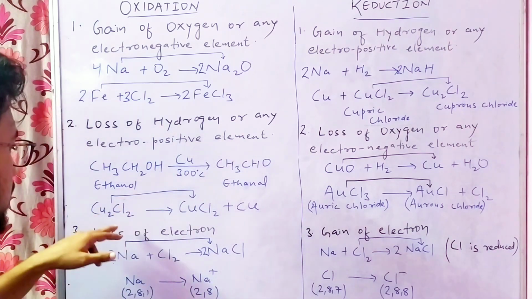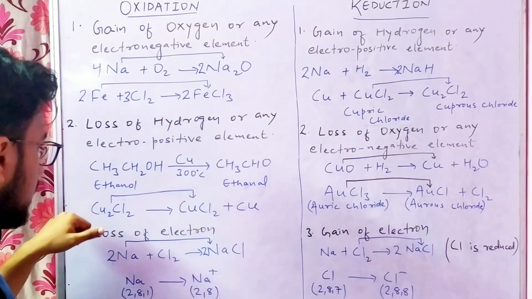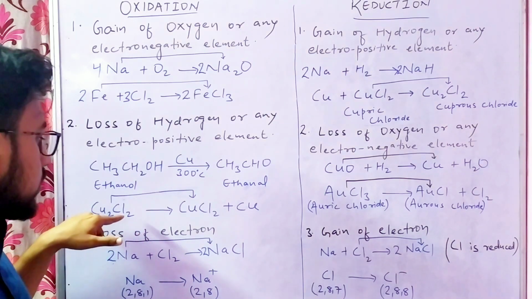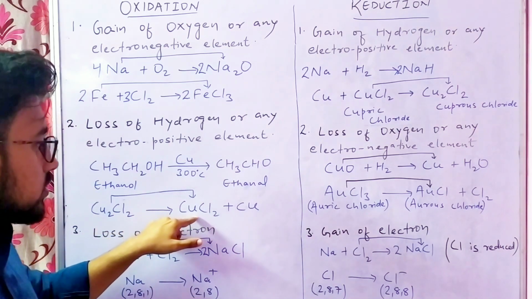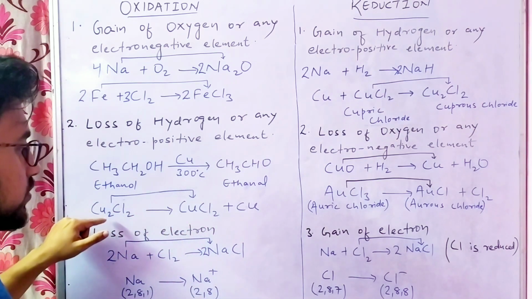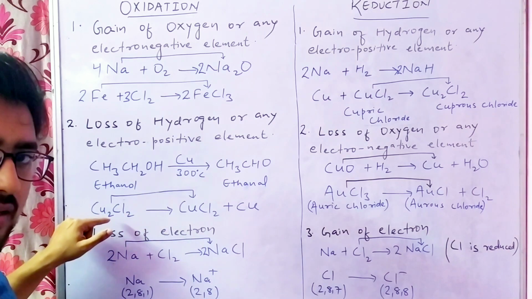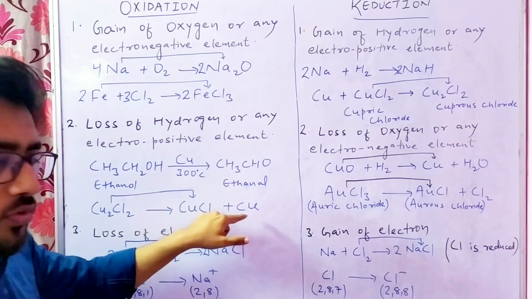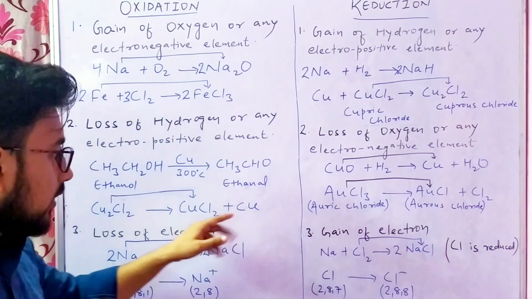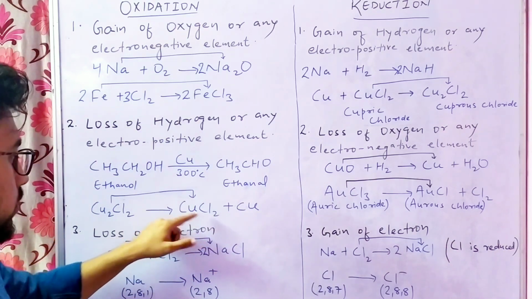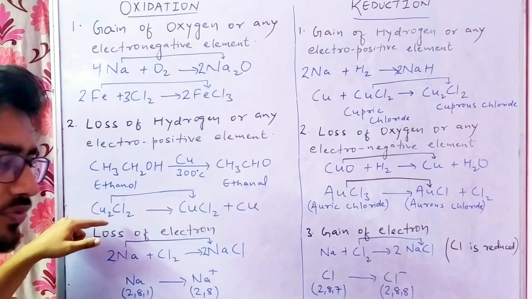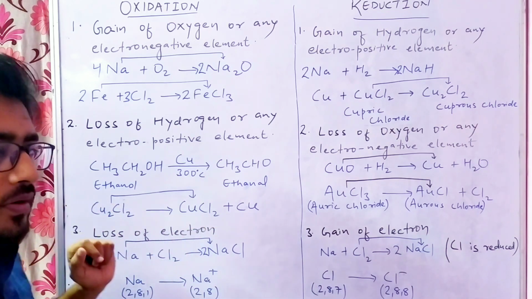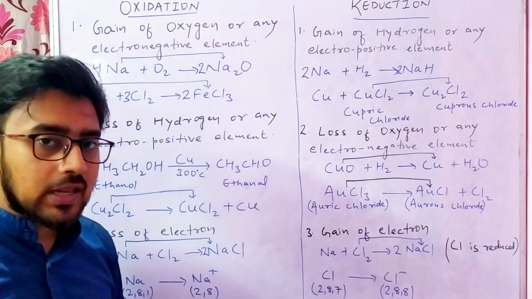So what is going on here? In the second example you can see Cu2Cl2 on the reactant side, and it is getting converted into CuCl2. In the product side one copper is separated and we have only CuCl2. So what is happening here? There is a loss of one copper, and you know copper is a metal and metals are electropositive.